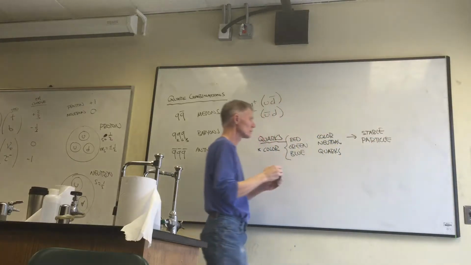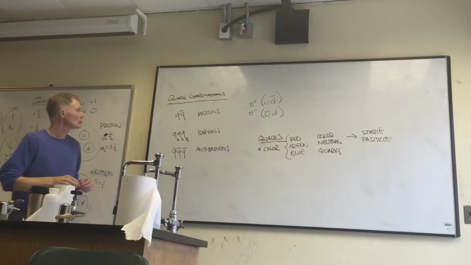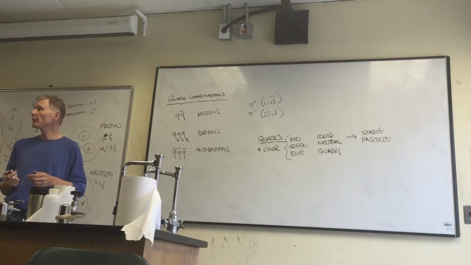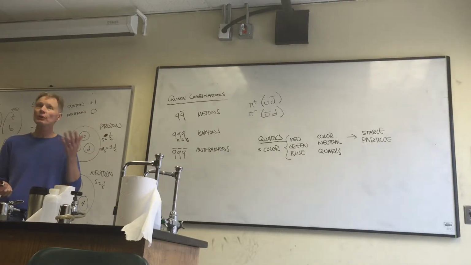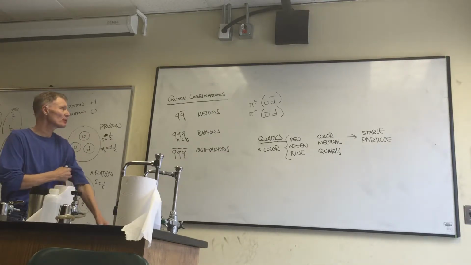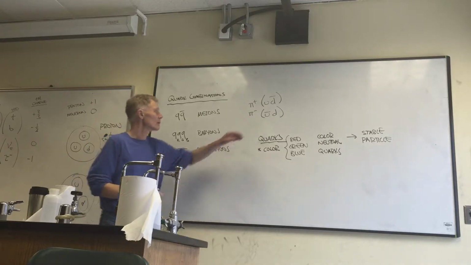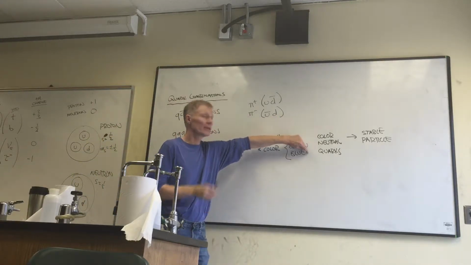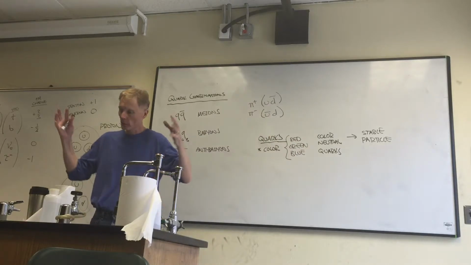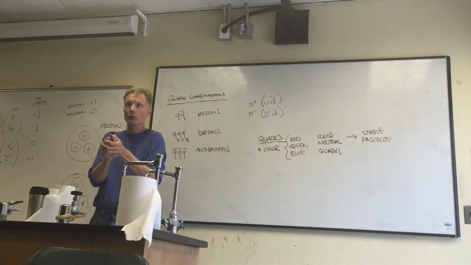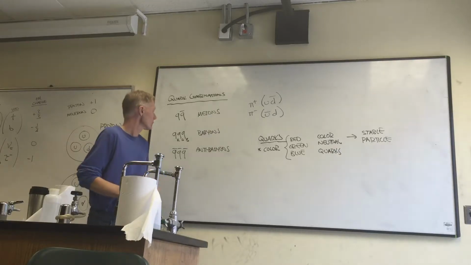So why are these the only quark combinations that we ever see? Because these are the only ways we can get color neutral states. The possibilities for color neutral would be to place one of each of the quarks in the red, green, and blue state. That creates an overall attractive effect, and the quarks clump together and form a proton or a neutron or a heavy version of a proton or neutron.